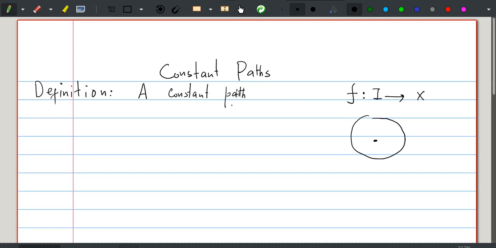Let us denote this constant path, which stays all the time at, say, x naught, by c sub x naught.